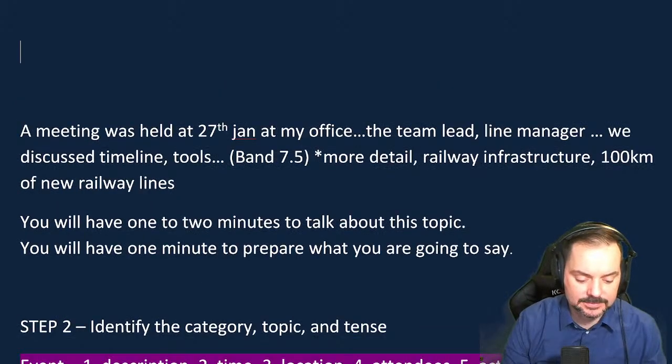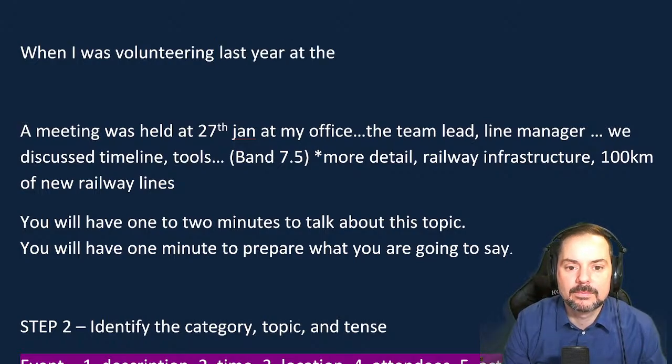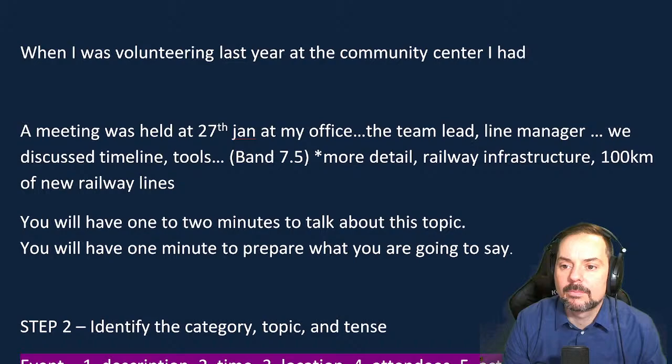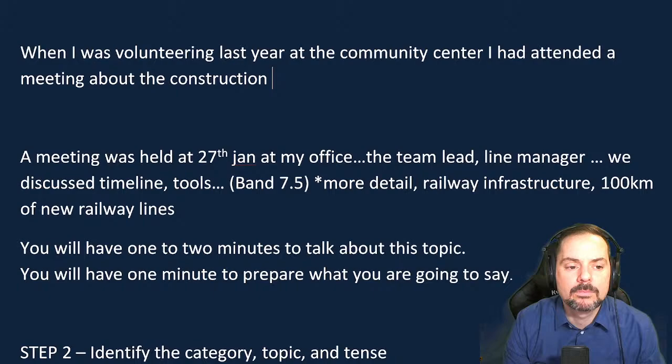When I was volunteering last year at the community center, I had attended a meeting about the construction of a new mall in the area. And the meeting took place over Zoom. This is the application, the software which is nowadays everyone using because it is convenient, and people can use it in the comfort of their home.